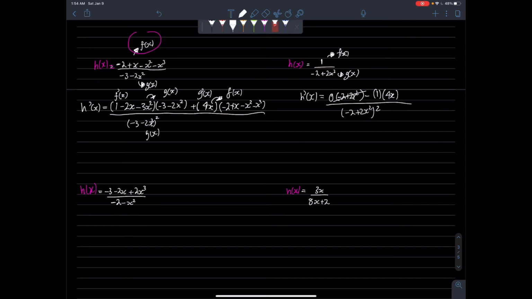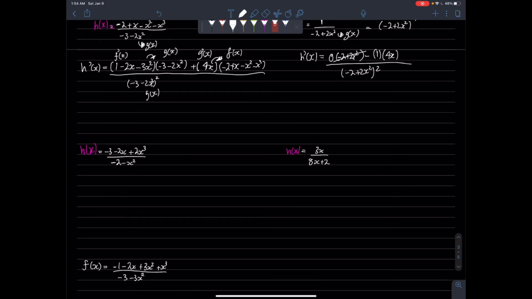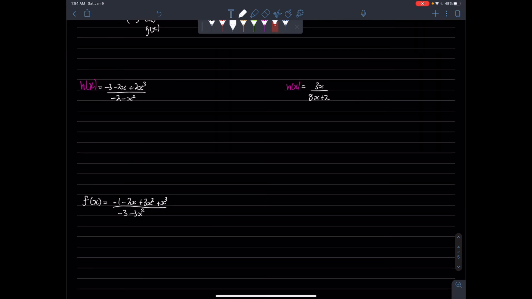So one thing you could have realized is that this is just negative 2 plus 2x squared to the negative 1, right? So once you learn the chain rule, you don't even have to use the quotient rule. You could have just done the chain rule right there. I will show you what the chain rule is in the next video.